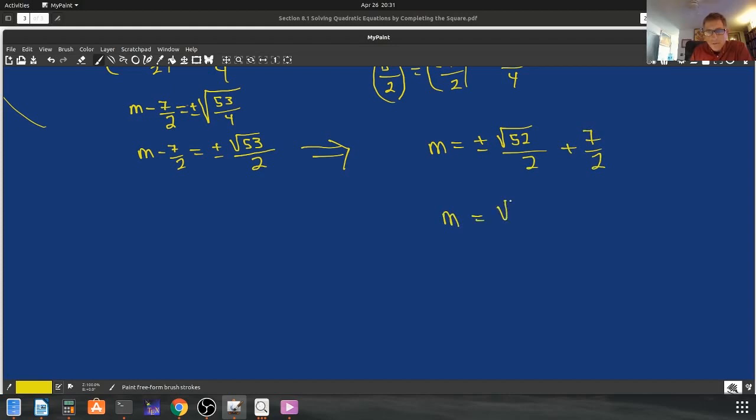It's equal to the square root of 53 plus 7 divided by 2, if you want to put both of those over the common denominator, or you can write it like the square root of 53 over 2 plus 7 halves, it doesn't matter. Or m is equal to the square root of 53, which is the minus root, plus 7 over 2. So those are my two answers.